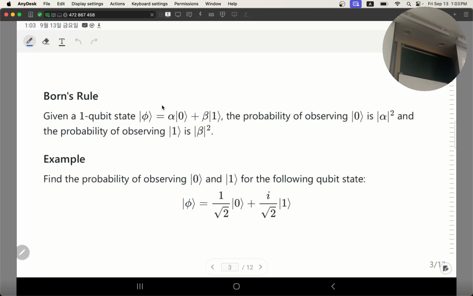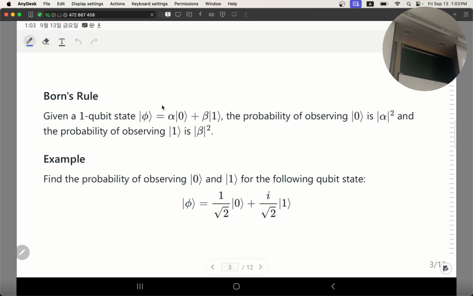The statement is simple, but if you think about the meaning of the statement, it becomes quite weird. You either observe 0 or 1. There's no going back, okay? There's no going back and measuring the same qubit again. But it still says there is a probability.